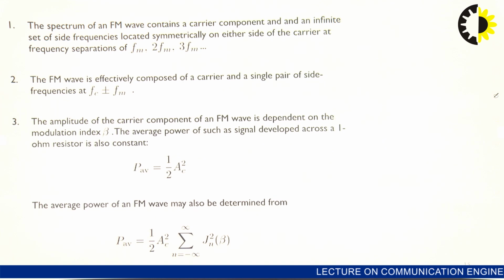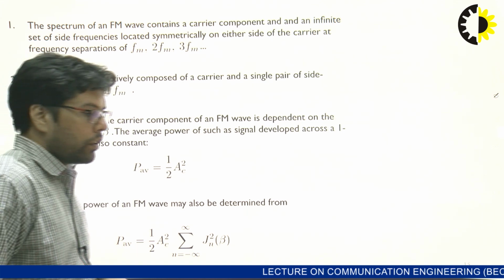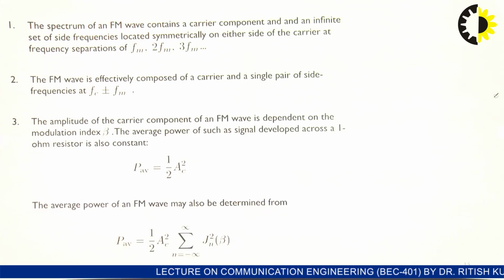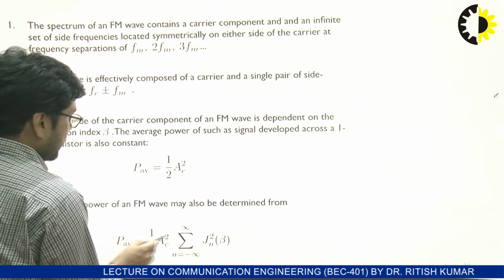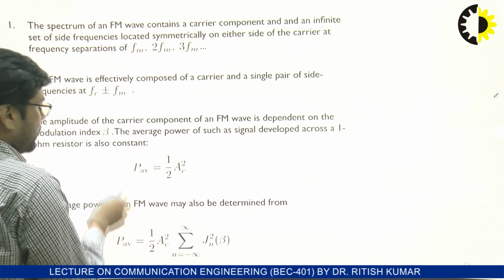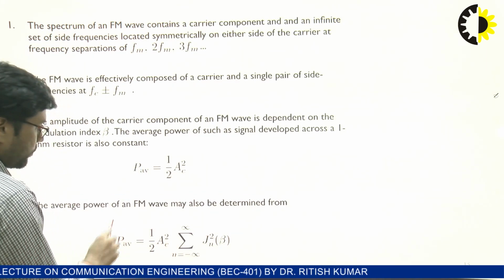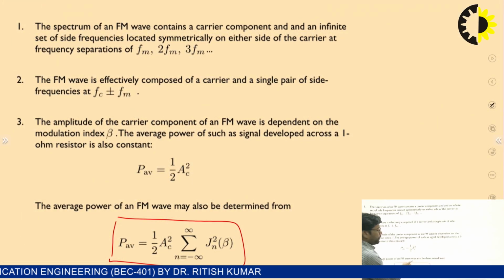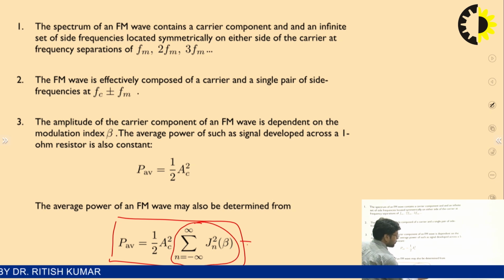If I talk about the power of the wideband FM system, then the power is A_C squared by 2 times the summation over n of J_n squared (beta), and by the property of the Bessel function this value is equal to 1.